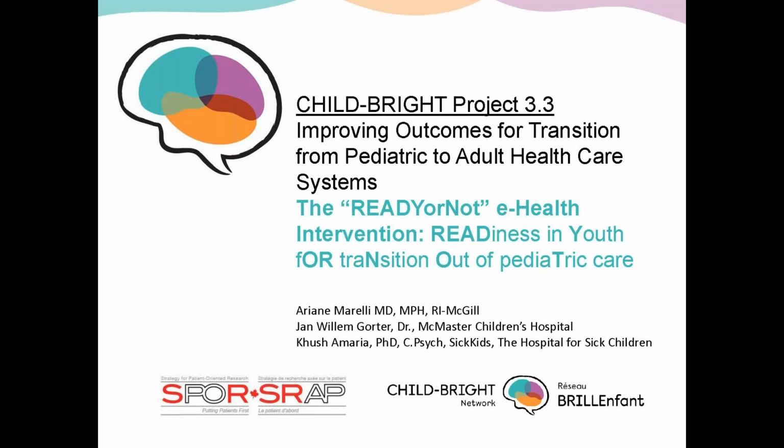So you should be seeing my title page, which has our Ready or Not project title. Everyone's good? Excellent. So on behalf of the Child Bright Project 3.3. Sorry, Sonia, we're still seeing the placeholder screen, unfortunately. So just click the button to show your main screen. Oh, okay. Sorry about that. Oh, no worries. There we go. Wonderful. All right, go ahead.